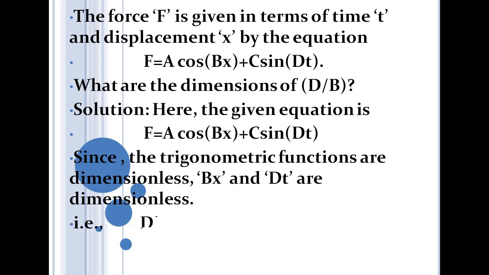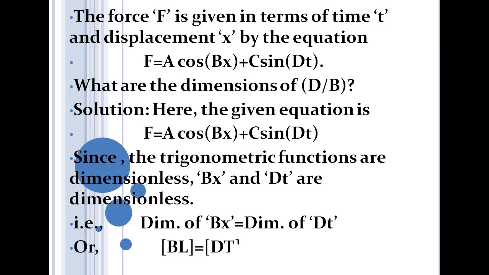So the dimension of bx must equal the dimension of dt. About the dimension of b, we are not sure, that's an unknown quantity. x has the dimension of displacement L and t has the dimension T, so d by b equals L T^-1. In this way we can find the dimension of d by b.